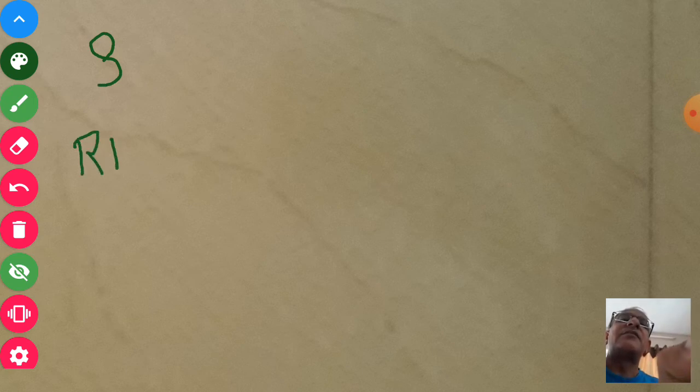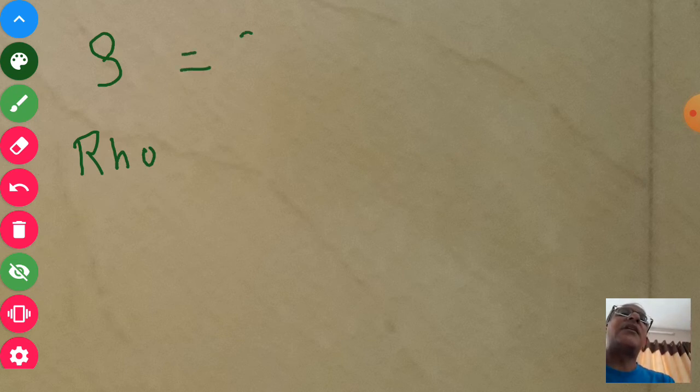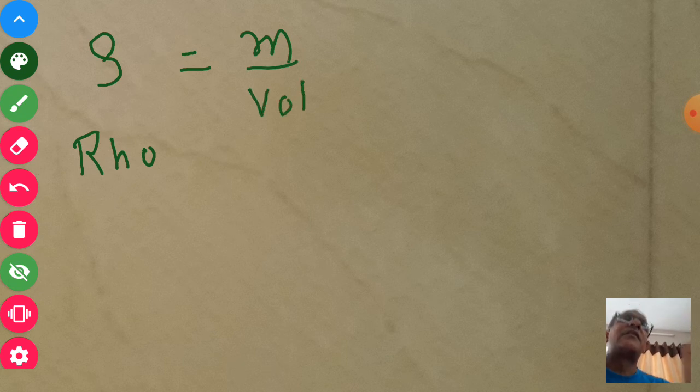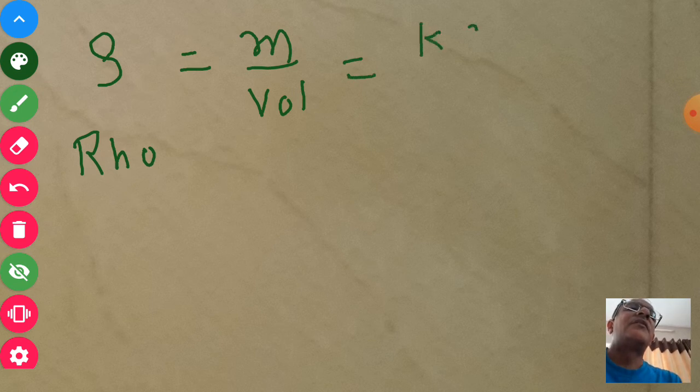Now a new quantity, just for the sake of it. Density is denoted by rho. This is the symbol which is known as rho. Now it is mass upon volume. The formula for the density is mass upon volume. Now mass is measured in kilogram, volume is measured as meter cube, meter raised to 3.